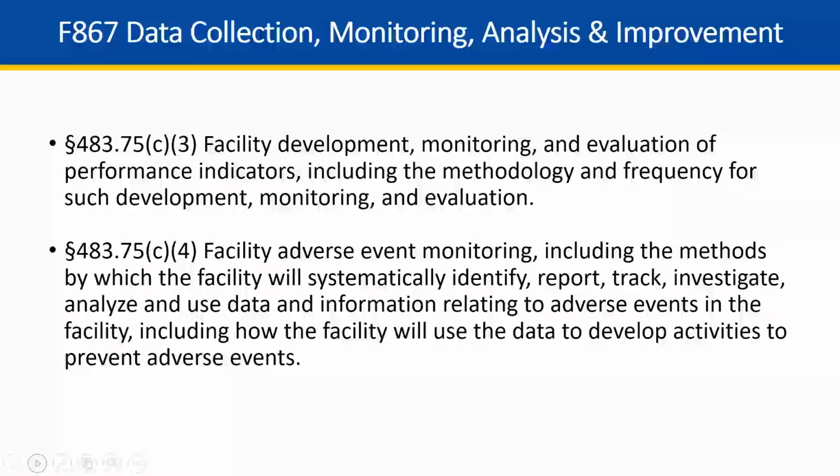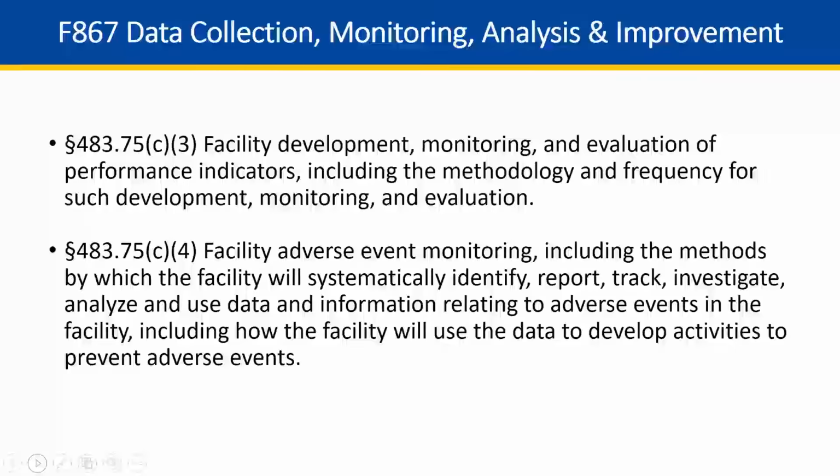The facility must have policies and procedures in place for developing, monitoring, and evaluating performance indicators, as well as describe how and with what frequency the facility develops, monitors, and evaluates its performance indicators. A performance indicator is a measurement of the data collected, which represents performance in a specific care or service area.